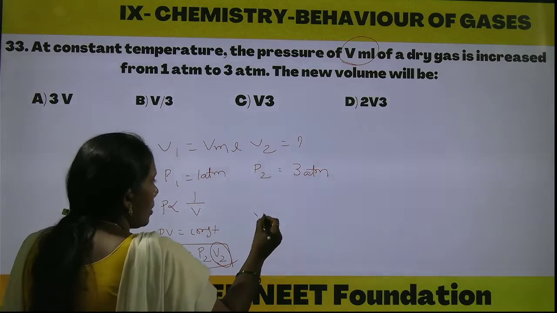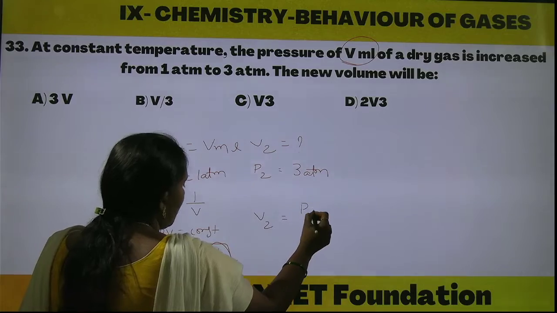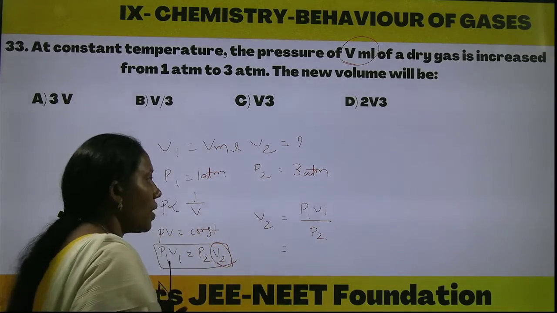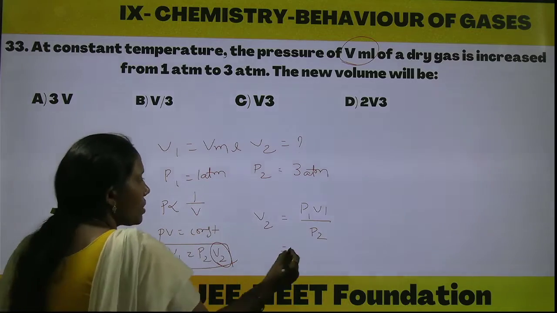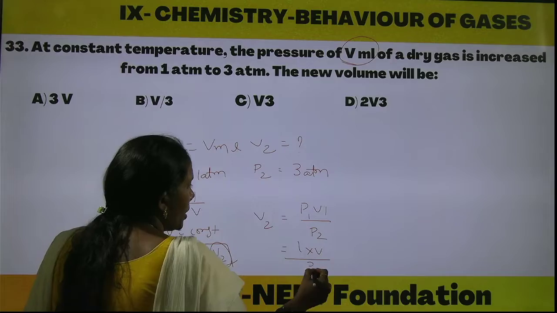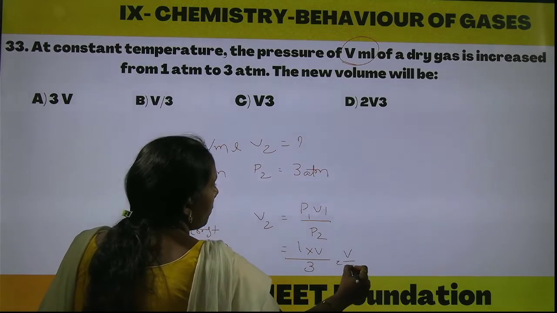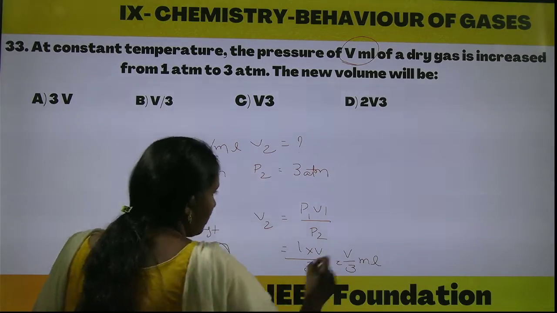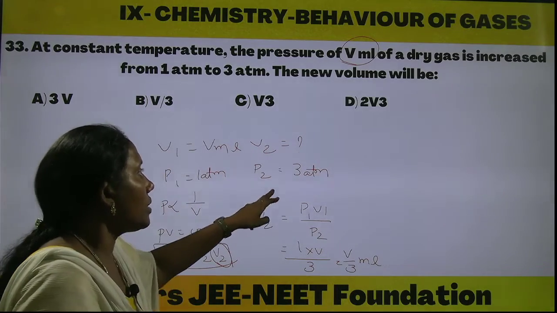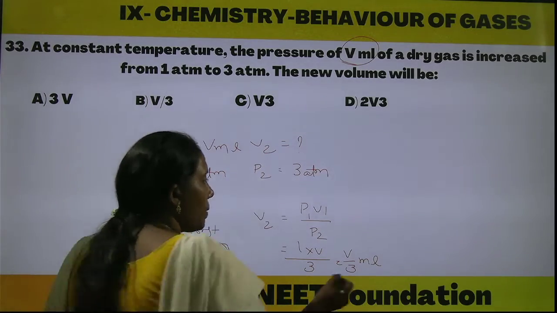So simply V2 equal to P1 V1 by P2. Substitute the values: P1 is 1 atmosphere, V1 is V, P2 is 3. So it is simply V by 3 mL. At 1 atmosphere the volume is V mL, at 3 atmospheres the volume is V by 3 mL.